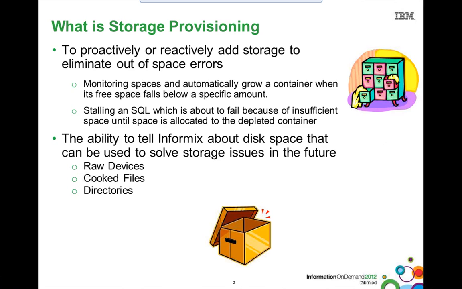So the only thing my users really notice is basically a slight stall in their application. You know, maybe a half a second or something like that to go ahead and get the space and assign it. So that's really both the proactive and reactive methods, and we'll go more into those in details in a few slides.